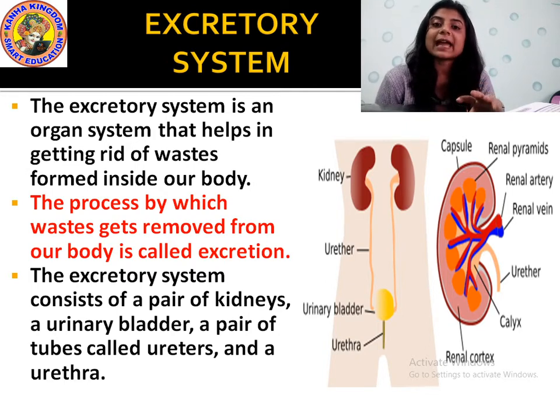The nutrients that are needed by the body, it absorbs from the water, and the rest of the water gets collected in this excretory system, which later on gets excreted from our body. Why? Because this water is no more needed in our body, and the things which are not needed in our body are excreted by this excretory system.